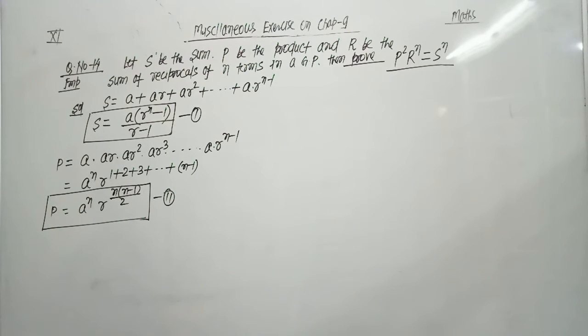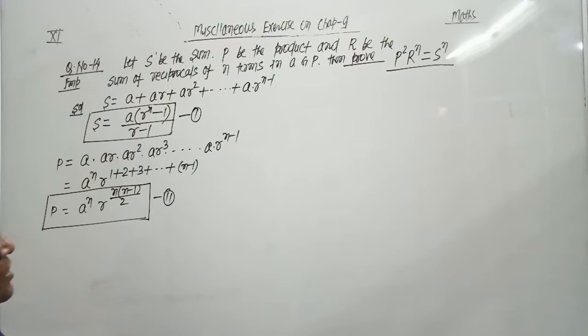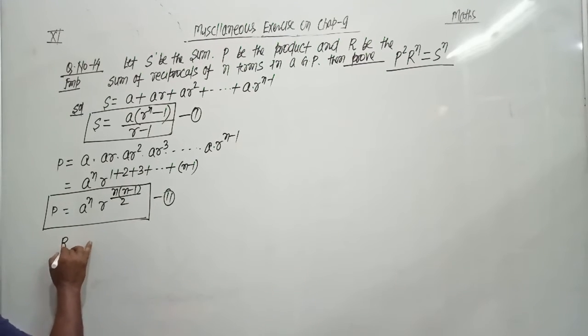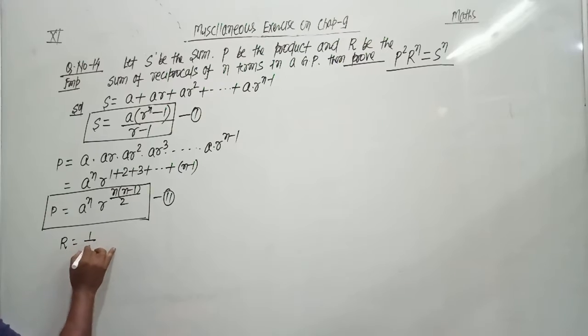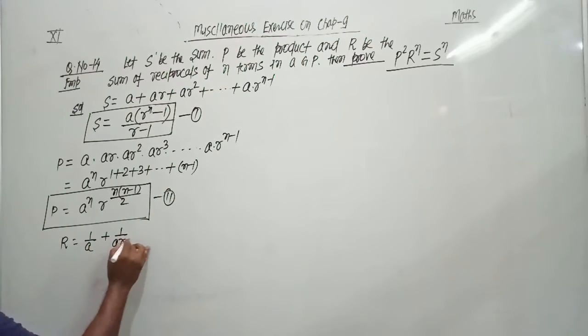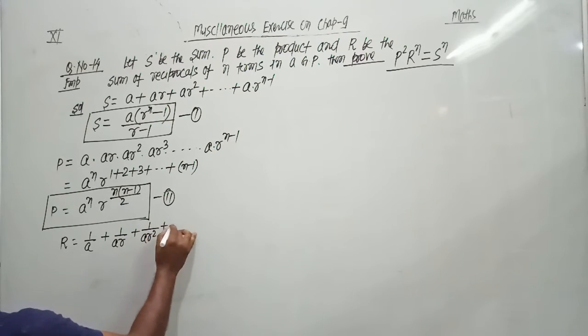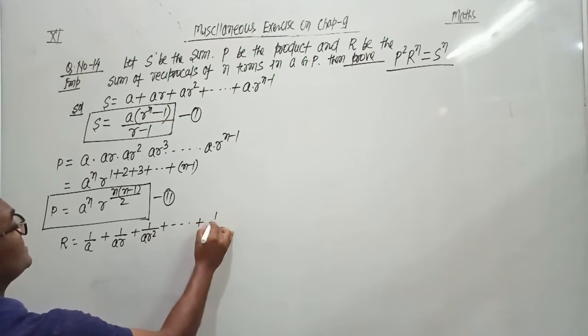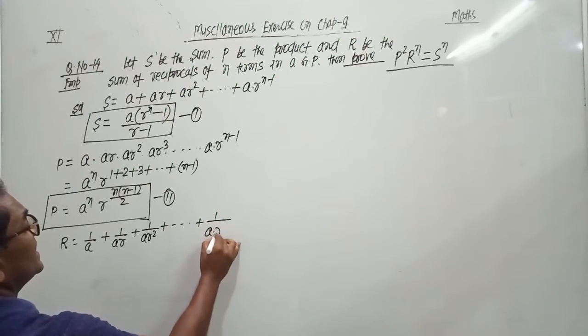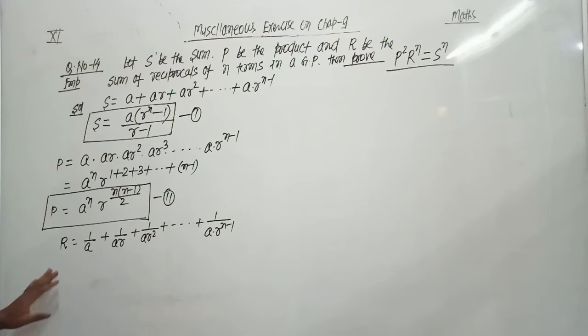Now R is the sum of reciprocals of n terms in a GP, means R equals 1 by a plus 1 by ar plus 1 by ar squared plus up to 1 upon a into r raised to the power n minus 1.